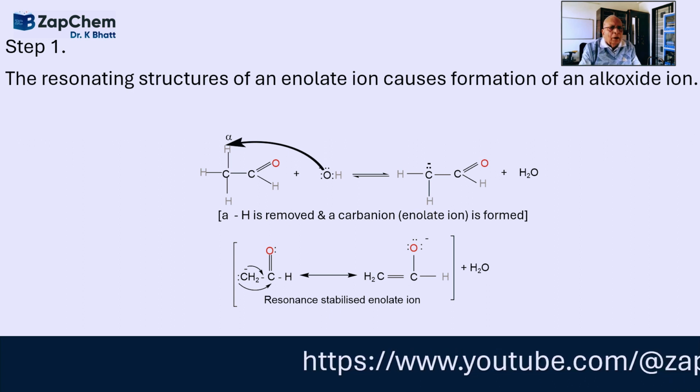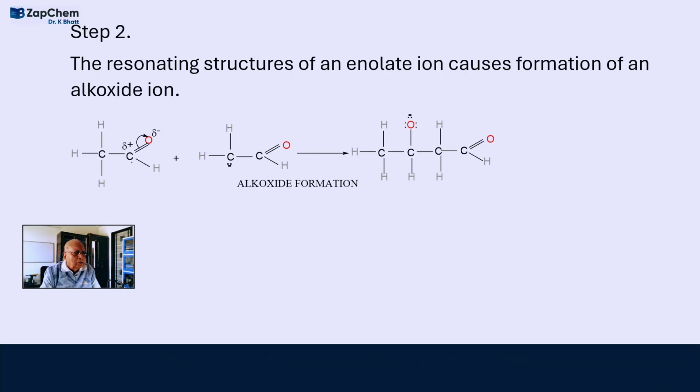Then let us see what happens. After formation of the enolate ion, another aldehyde molecule containing a carbonyl group is present, and when it comes in contact with the enolate ion, the enolate ion serves as a nucleophile.